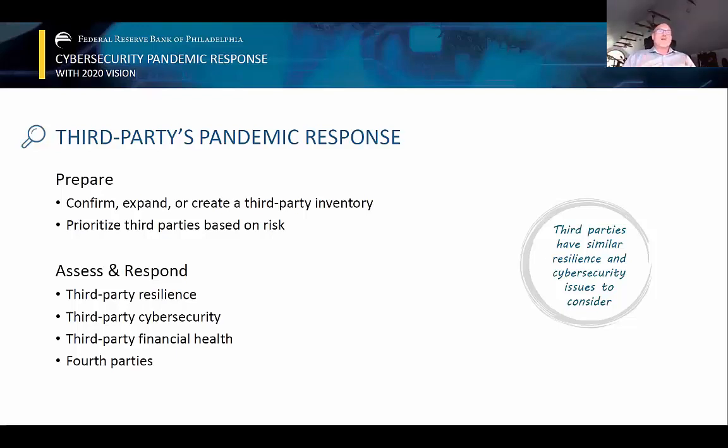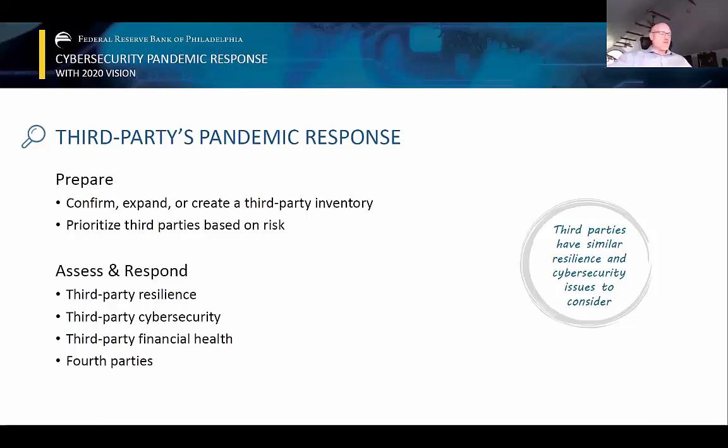What fourth parties and fifth parties does your third party find mission essential that you also may be relying on and not know it? So I'd use that inventory as a basis to prioritize actually going out and talking to vendors, right?